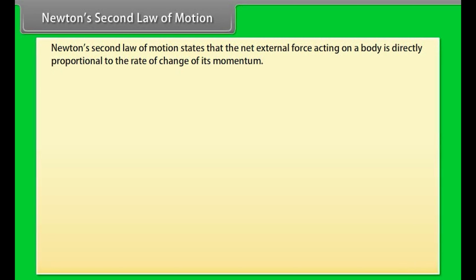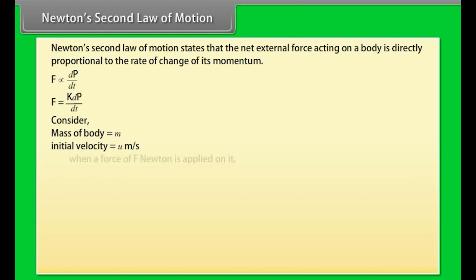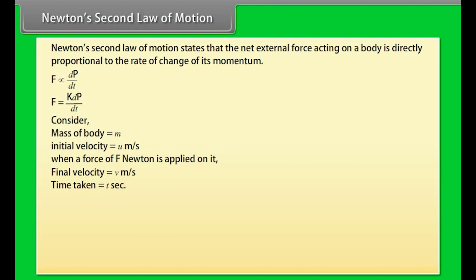Newton's second law of motion states that the net external force acting on a body is directly proportional to the rate of change of its momentum. Its equation is given as follows: consider a body of mass m initially moving with a velocity of u meter per second. When a force of F newton is applied on it, its velocity becomes v meter per second after a time of t seconds.